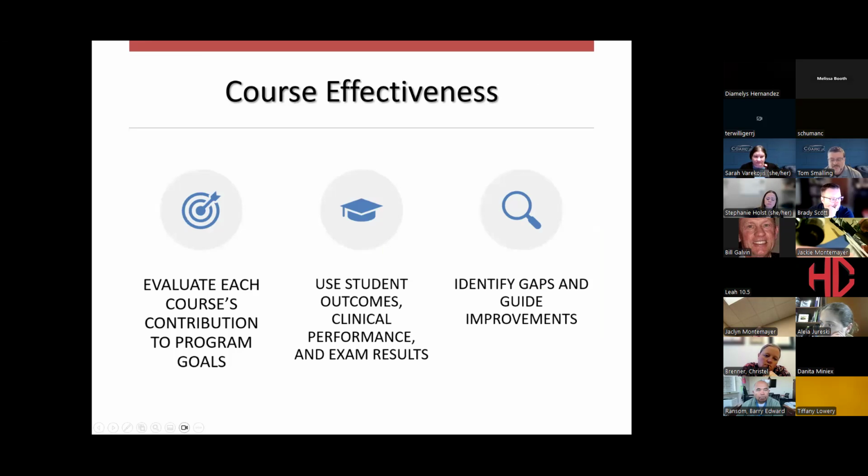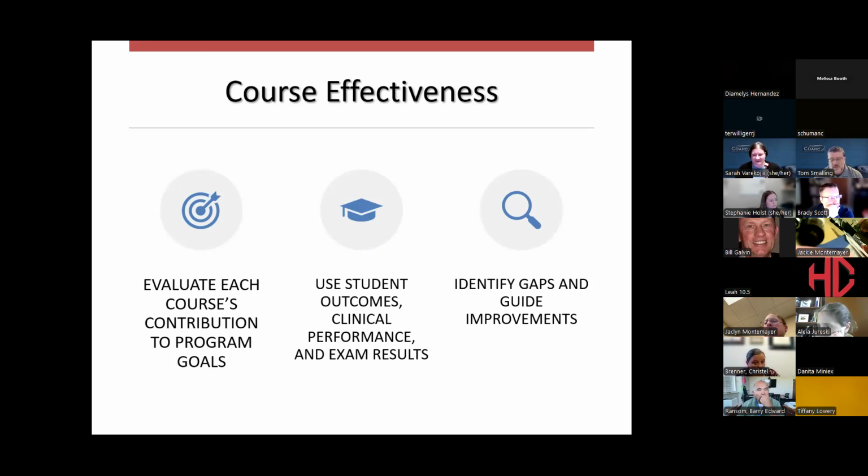So, course effectiveness. Each course has to be evaluated. And again, this is now moving from the standard into the interpretive guideline. I'm just highlighting elements of the interpretive guideline. You don't want me to read the interpretive guideline. All the interpretive guidelines, by the way, in the new standards are a little more lengthy, but again, that's providing you with more information, more guidance.